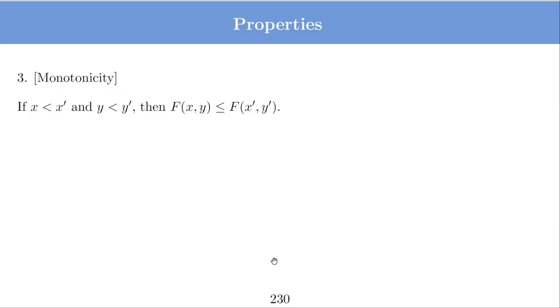And of course, monotonicity: if x increases and y also increases, then FXY should also increase. Formally, we can say if x is less than x prime and y is less than y prime, FXY(x, y) is less than or equal to FXY(x prime, y prime). How do we prove this? It's very easy. The same way we proved it for the CDF, you can see that (minus infinity, x prime) cross (minus infinity, y prime) is a bigger rectangle, and this rectangle can be broken into 4 parts.